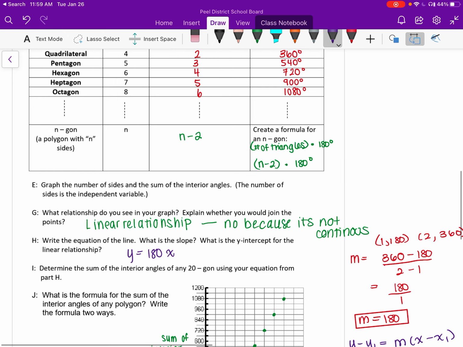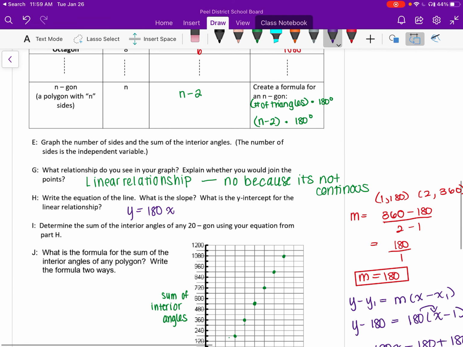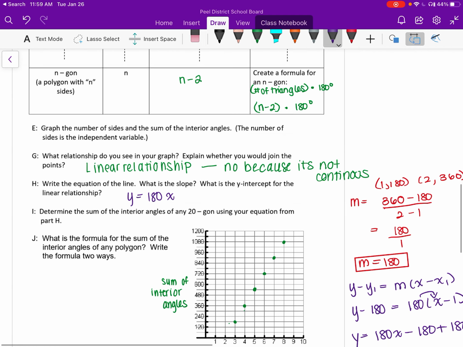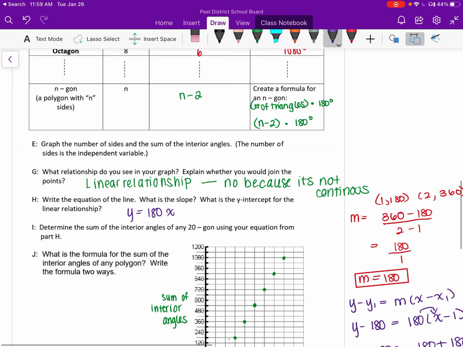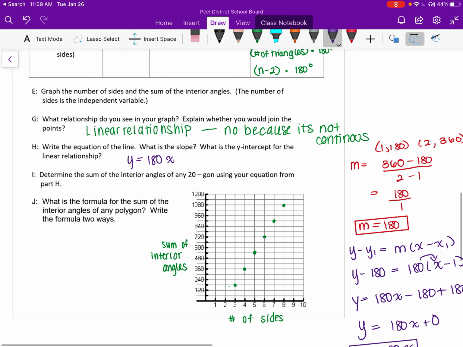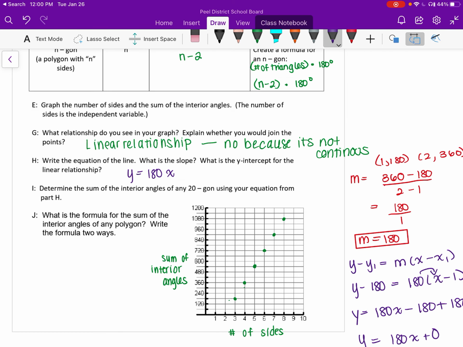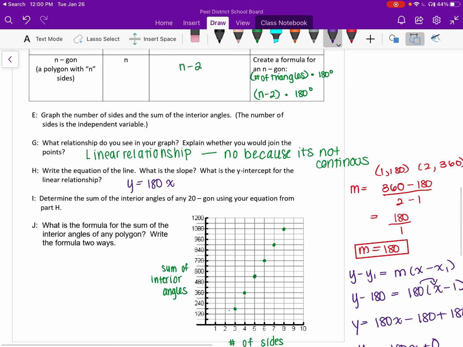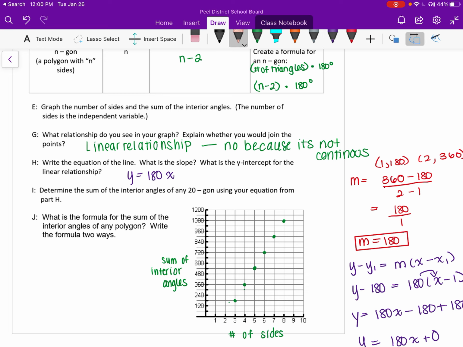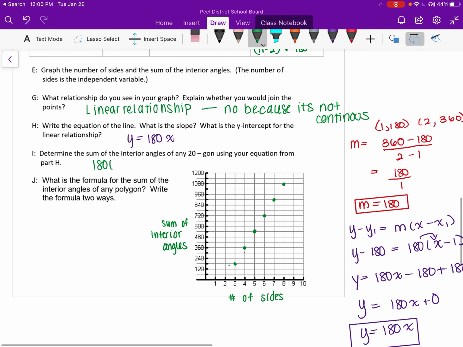So let's go up here. We're not going to use our equation from 1H. X here represents the number of sides, or sorry, the number of triangles in there. So we're going to say, all right, 180 times... oh, I made a mistake.